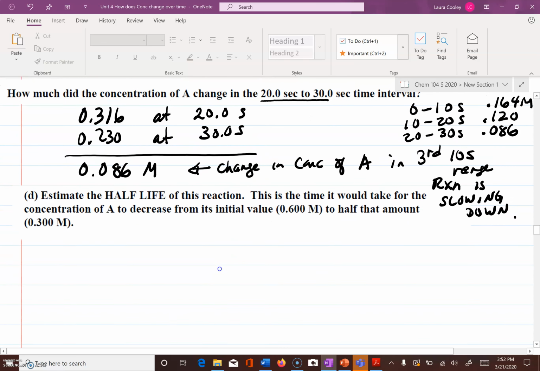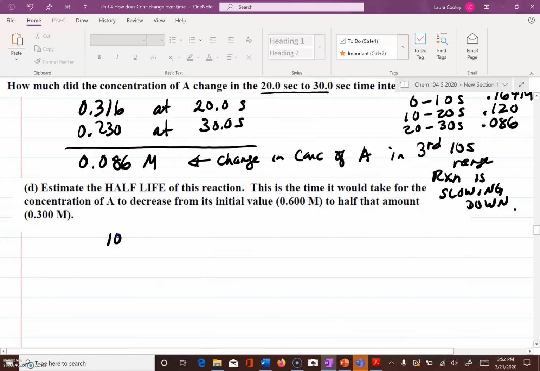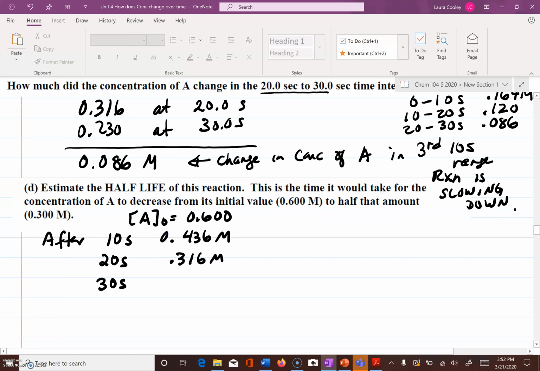All right, so putting that together, initially the concentration was 0.6 molar. After 10 seconds, it was 0.436 molar. After 20 seconds, it was 0.316 molar. And after 30 seconds, 0.230 molar.